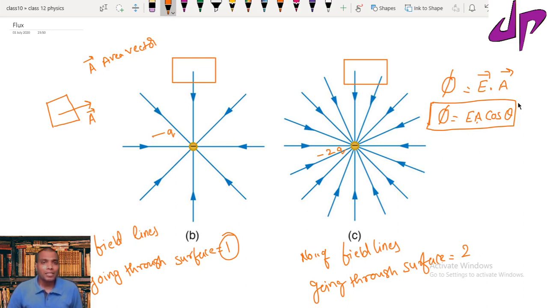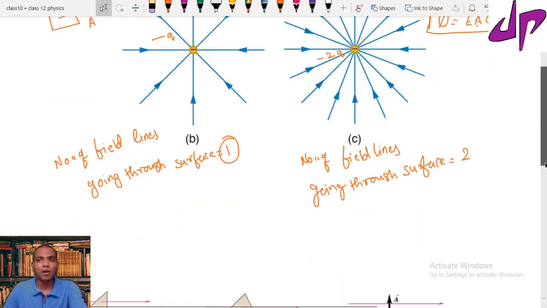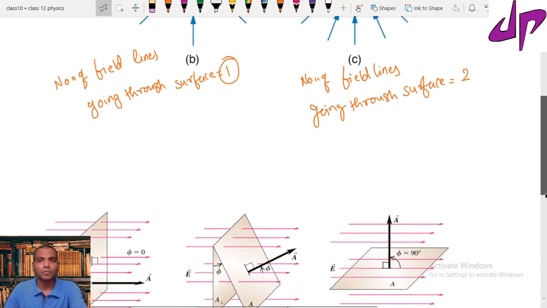So a simple concept, electric flux: according to the definition, the number of electric field lines passing through a given area is defined as electric flux. Flux is a scalar quantity because it's a number, how many lines are flowing.